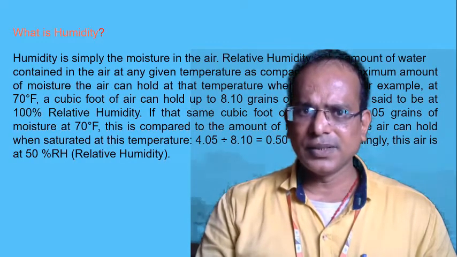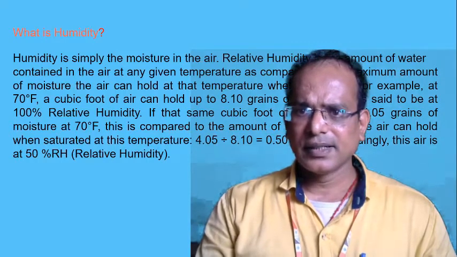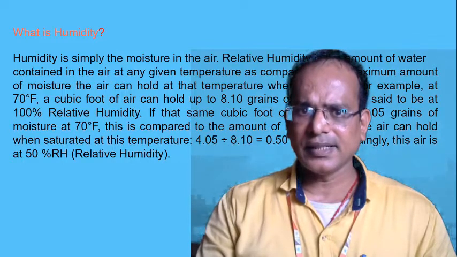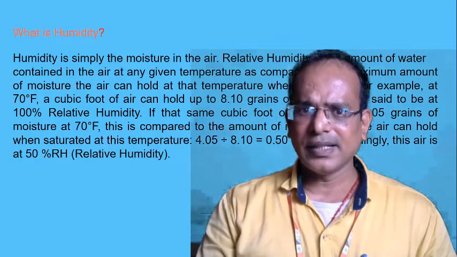So what is humidity? Humidity is the moisture in the air, and relative humidity is the amount of water contained in the air at any given temperature as compared to the maximum amount of moisture the air can hold at that temperature when it is saturated.